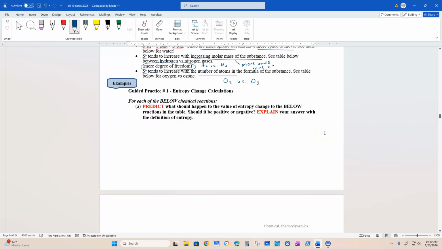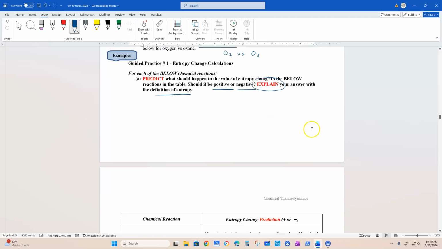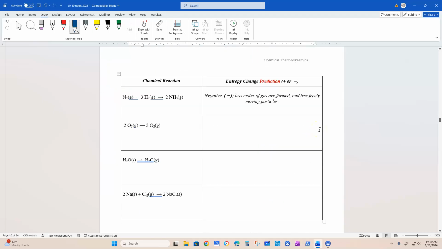First AP, I have 2 examples for you. One, can you predict entropy just by looking at the balanced equation? Will it be positive or negative? And then explain, using entropy with movement. So I gave you the very first one. N2 plus H2 gives you ammonia.